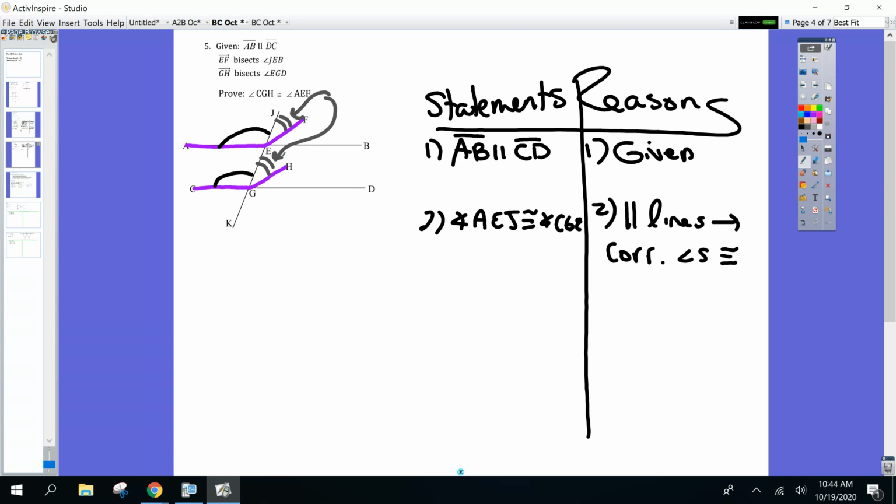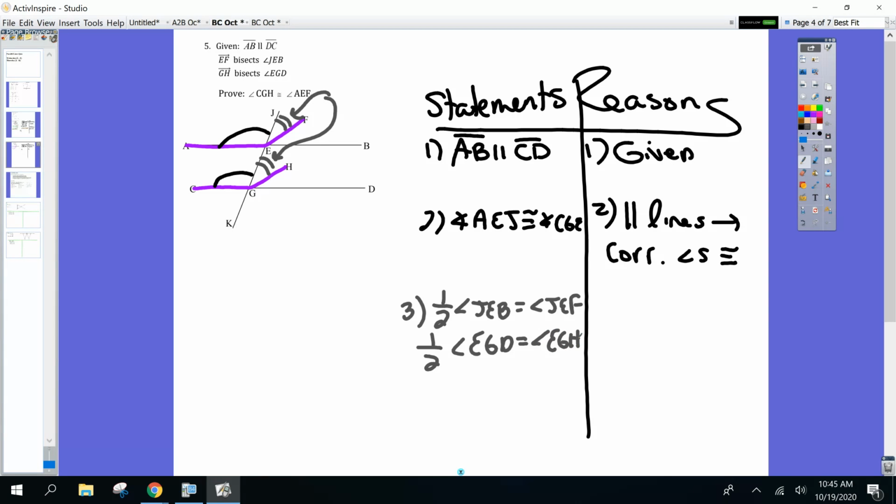Okay? So why are these 2 equal to each other? That's how we ended Friday's class. Bisects, bisects. Aren't these 2 angles halves of equal quantities? Yep. So I don't want to write it all out for time's sake, but you need to tell me you're taking half of JEB again, just like we did on Friday, and telling me that's equal to JEF, and then half of EGD, and telling me that is EGH.